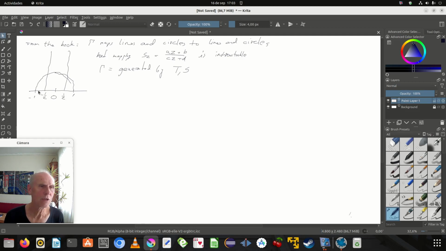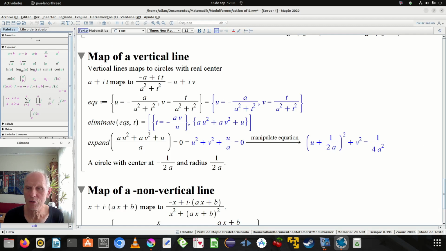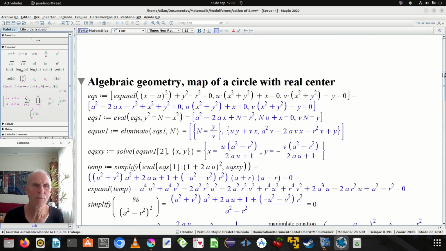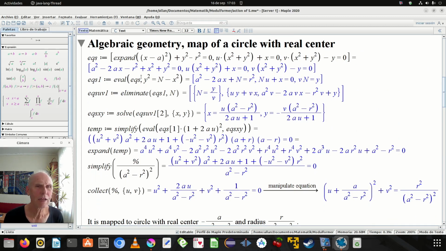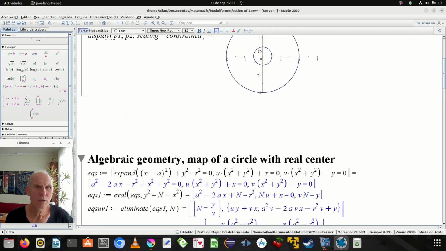And I started with one of these circles, and I was able to do that by hand as well. And I have actually shown exactly the way I did it. This is not quite clear, is it?